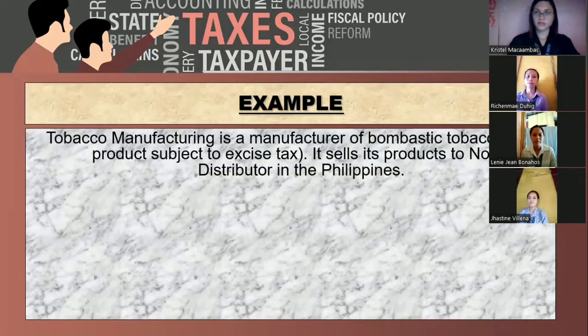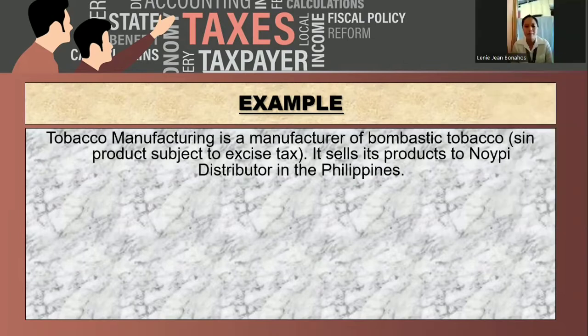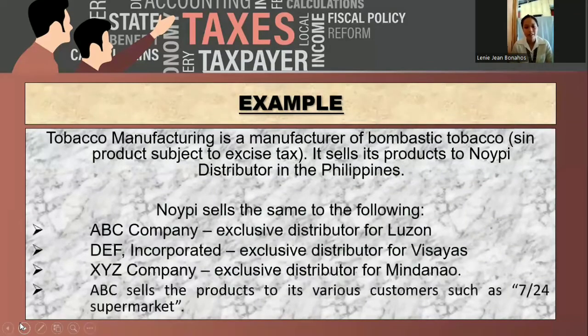Example: a tobacco manufacturer sells its product to Noiti, a distributor in the Philippines. The highest is the tobacco manufacturer because he or she made the product, and the exclusive distributor is the one who took the product manufactured by the tobacco company to distribute to other establishments.